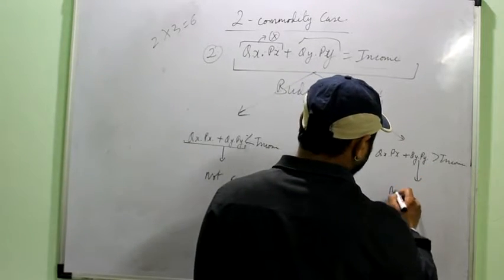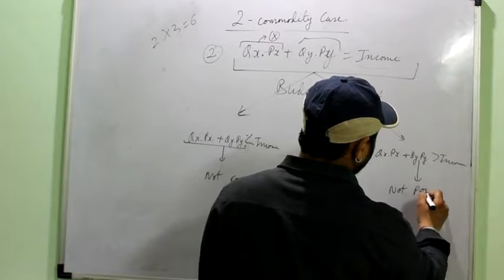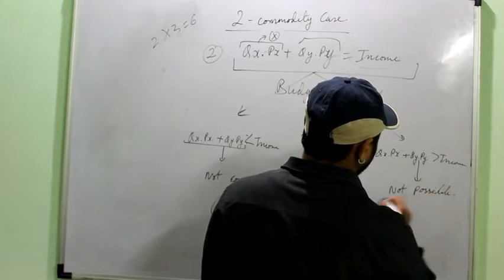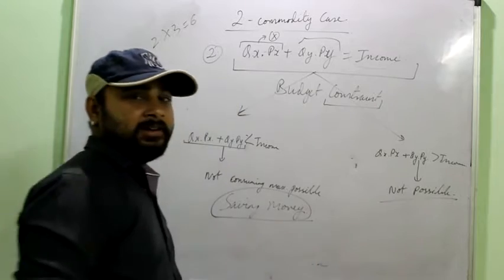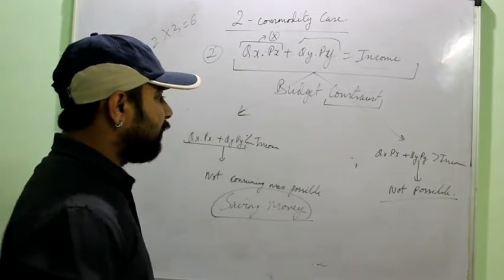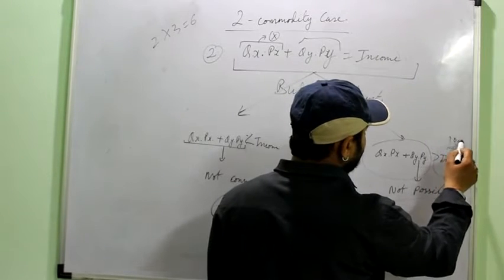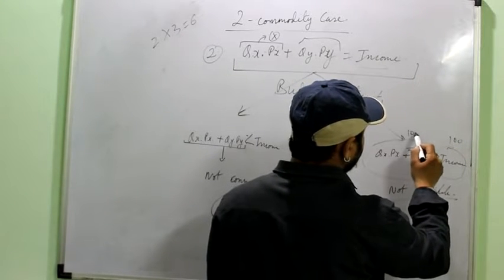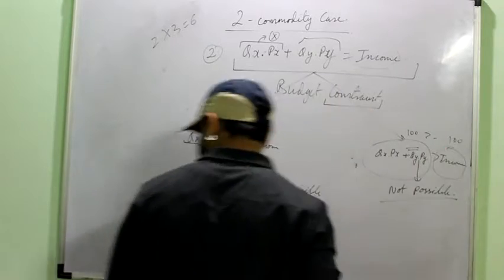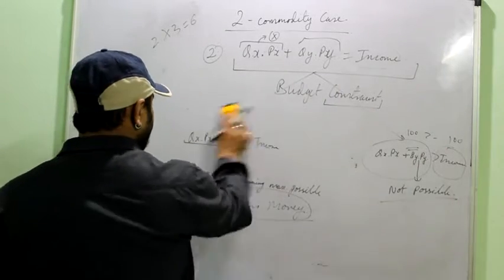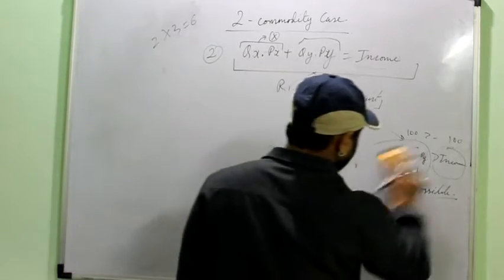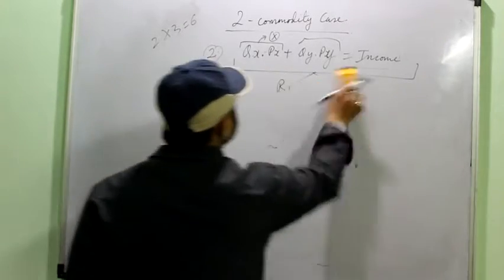While the other case is not possible, because here we are not talking about any credit. You have to spend the money, then only can you attain your equilibrium. So you cannot spend more than your income. Suppose you have 100 rupees with you, you can buy only goods worth 100 rupees and not more than 100. So these are the two conditions of the consumer's equilibrium under the two commodity case.